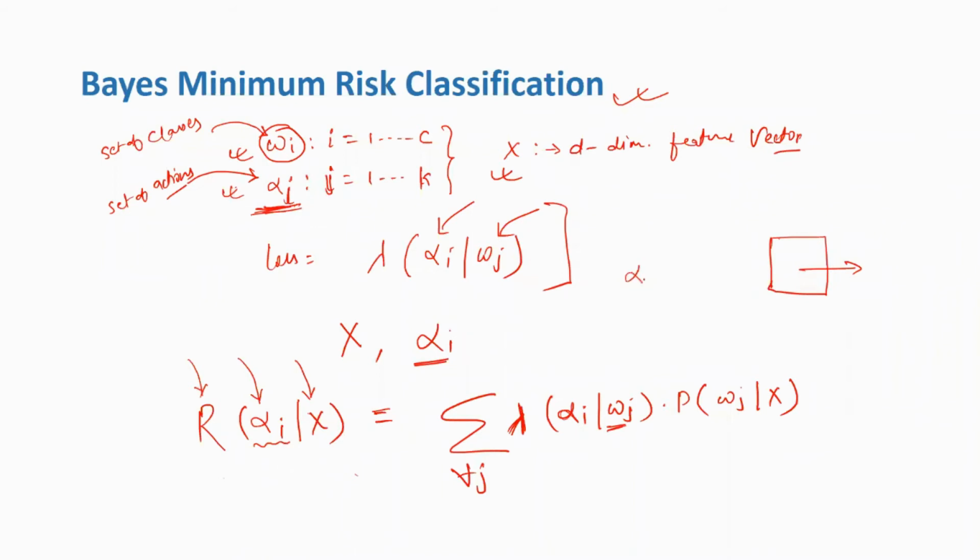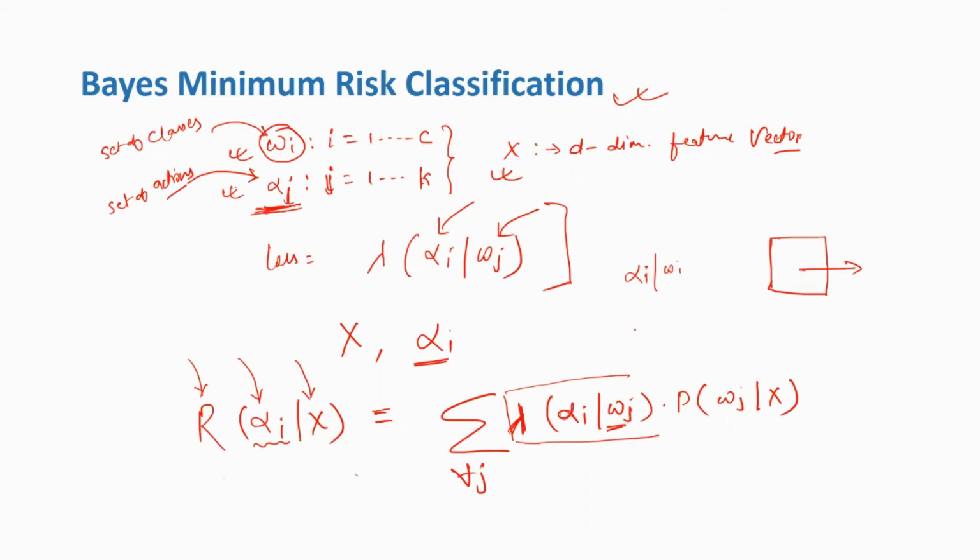You cannot say the action is taken given omega i only. This is nothing but the loss, right? What will be the loss? When it belongs to some other class, that will be my loss.